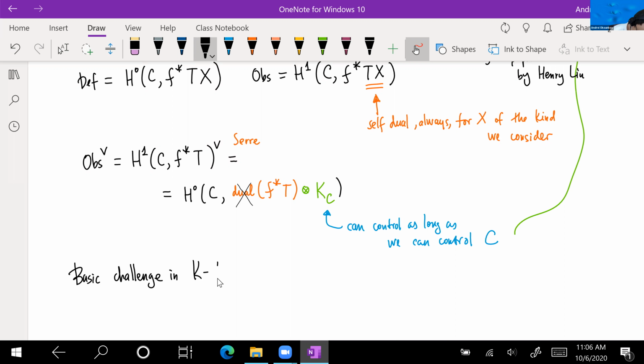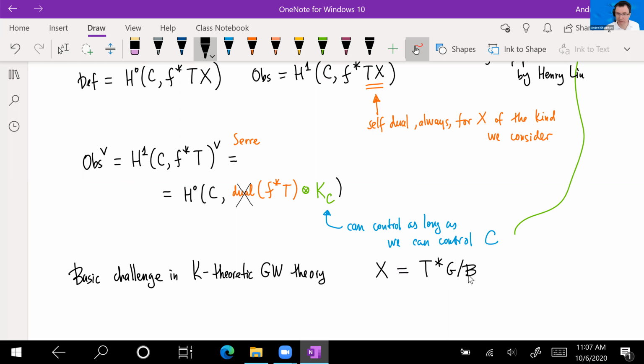In K-theory of this Gromov-Witten theory, the challenge is to do the case when X is T*(G/B).